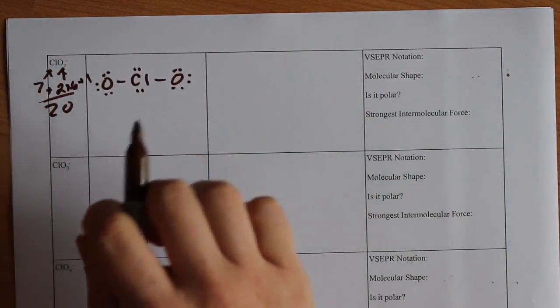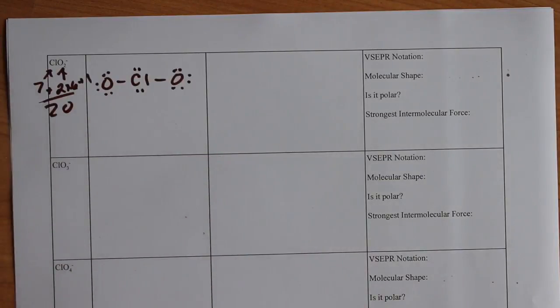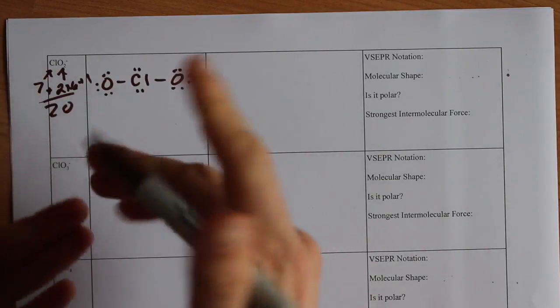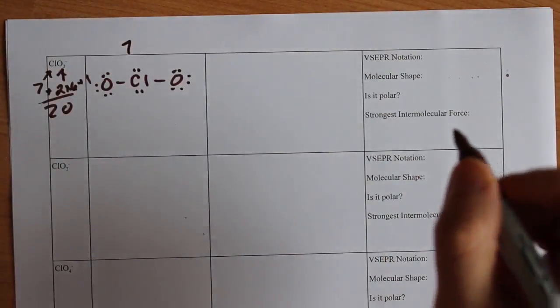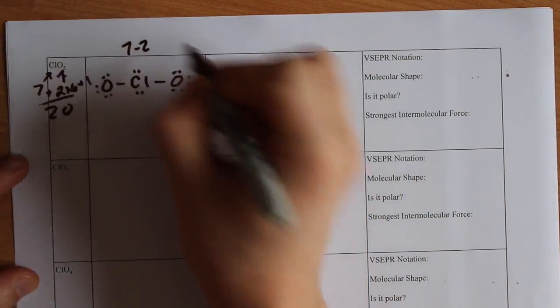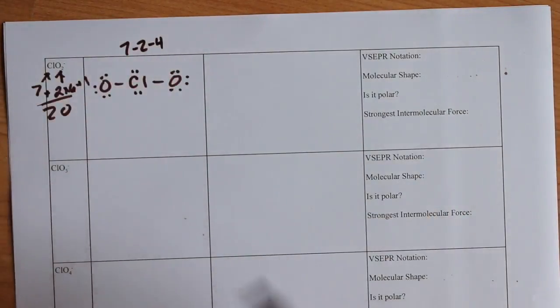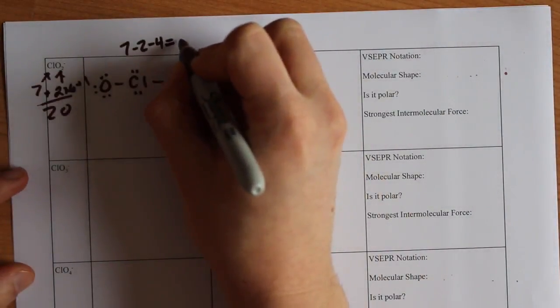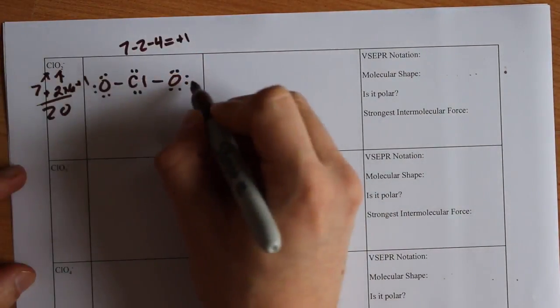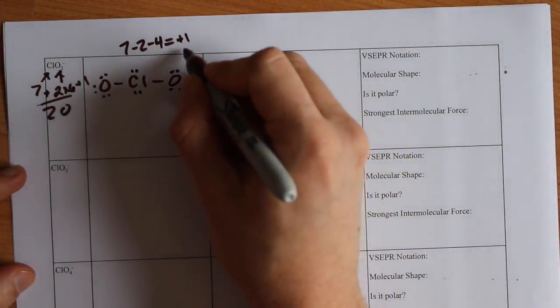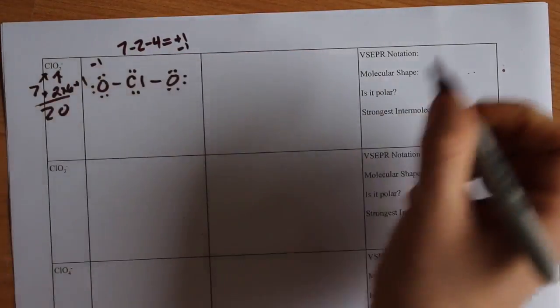Now, to finalize the Lewis structure, we need to consider formal charge. Chlorine brought 7 electrons. It currently has 2 bonds and 2 lone pairs, which represent 4 electrons that belong to the chlorine itself. That gives it a formal charge of +1. The formal charge on these oxygens, as it currently stands, is -1 each.